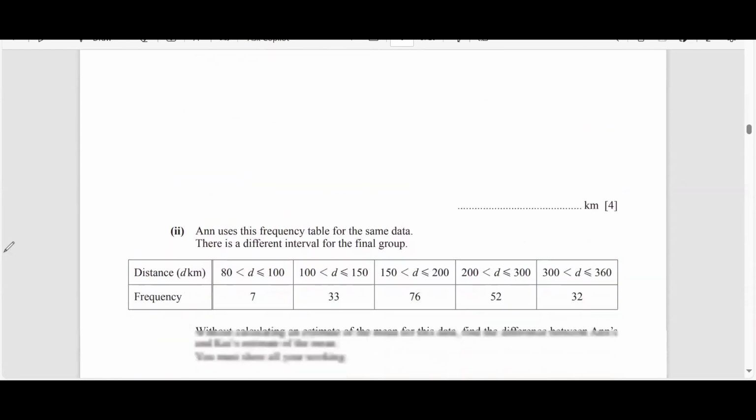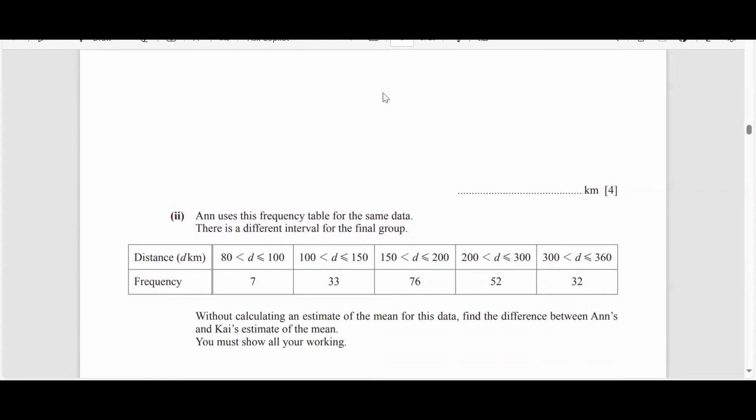So we know that for Kai, the class interval was 300 to 400 and the frequency was 32. Whereas for Anne, the class interval is only 300 to 360 and the frequency is 32. Without calculating the estimate of the mean, we can find fx of both of them.